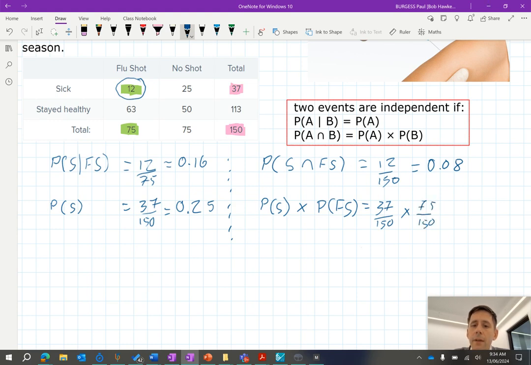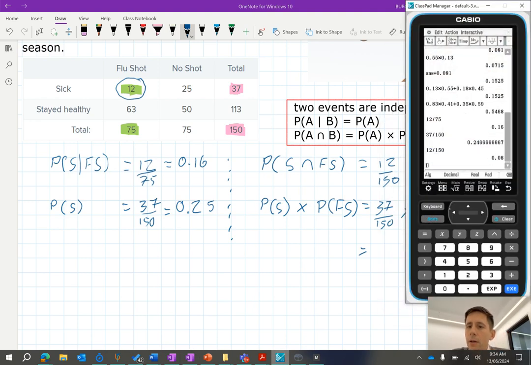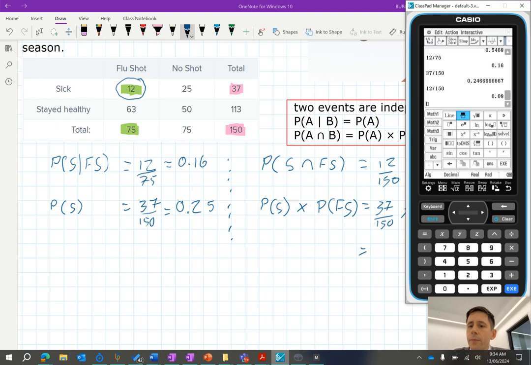All right. And that equals, I'll bring up the old ClassPad again. Let's try again. This thing's gone a bit glitchy.